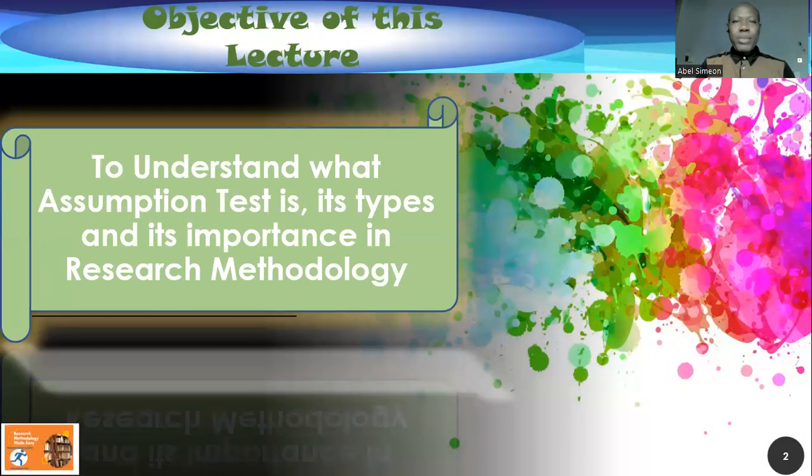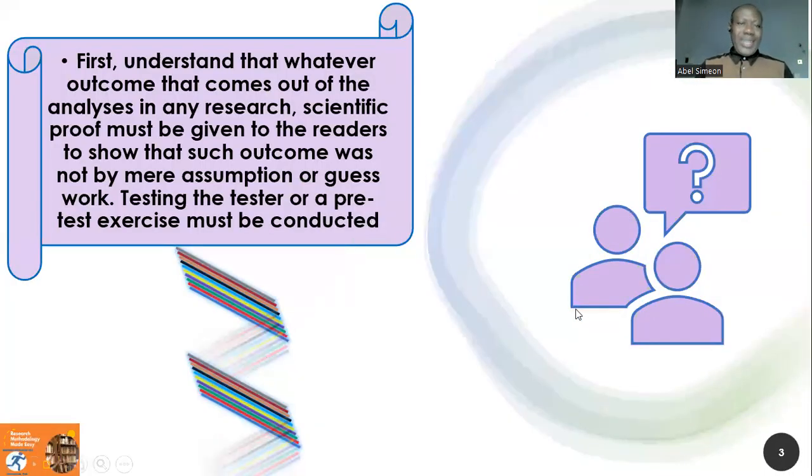I will start from the bottom, the importance of assumption test. In understanding it, you should understand that whatever outcome comes out of your analysis in any of your research work, a scientific proof must be given to the readers to show that such outcome, such findings, and recommendations thereafter are not mere assumption or just guesswork.